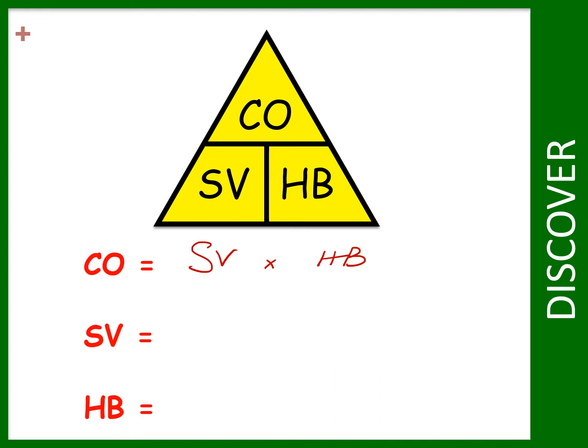So the stroke volume would be the cardiac output divided by the number of heartbeats per minute. And if we wanted to work out the number of heartbeats per minute, we would need the cardiac output, and we would divide that by the stroke volume. Okay, so there's always a way of working out either the cardiac output or the stroke volume or the heartbeats, having been given the other two values.